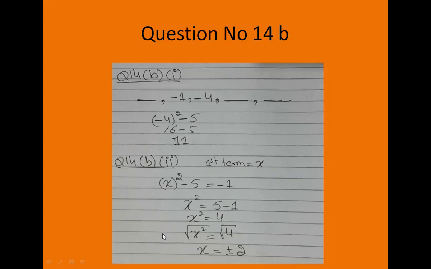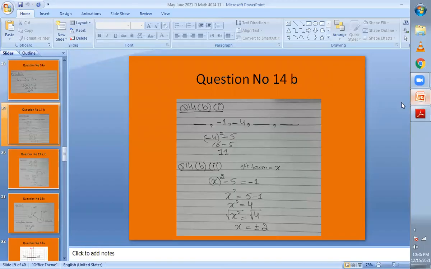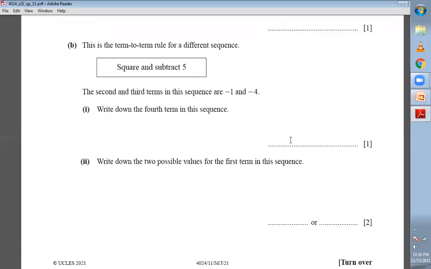So you will have the square root of x squared equals the square root of 4. And so x will be equal to plus or minus 2. When you take the square root, we write plus minus. So the 2 possible values are -2 and +2. So this is how you do this question. Hopefully you understand. So that was question number 14.